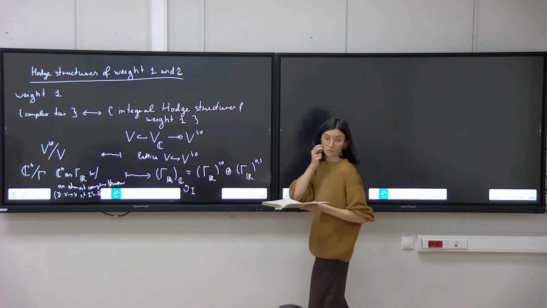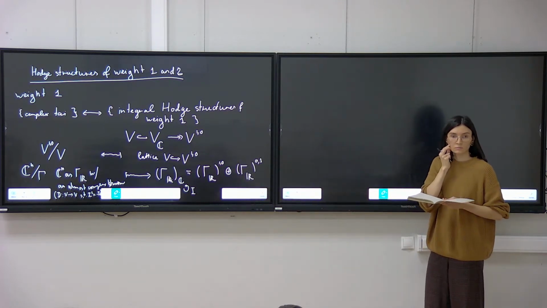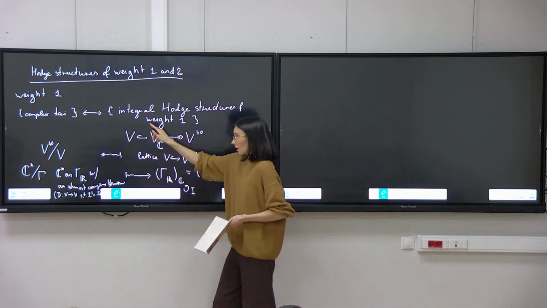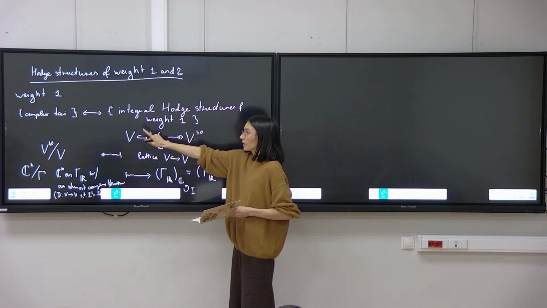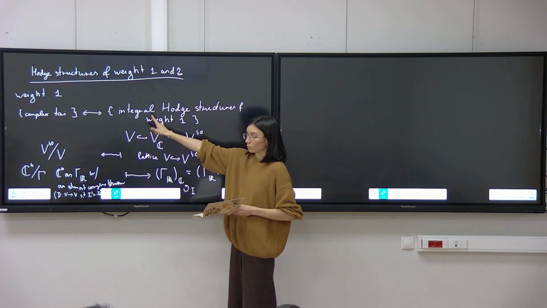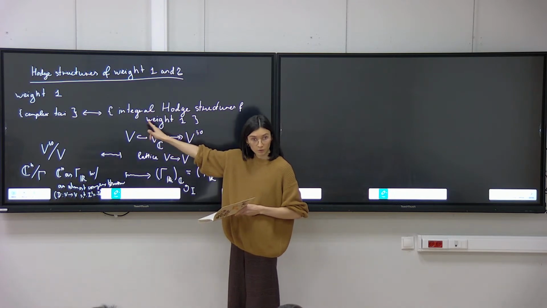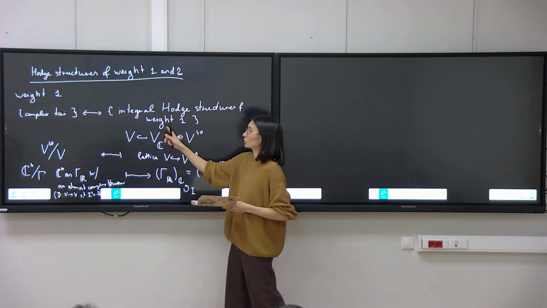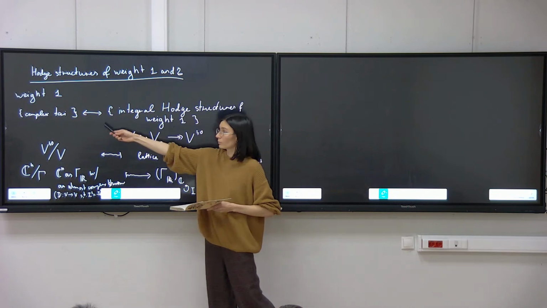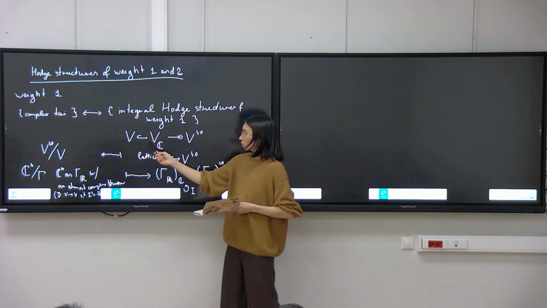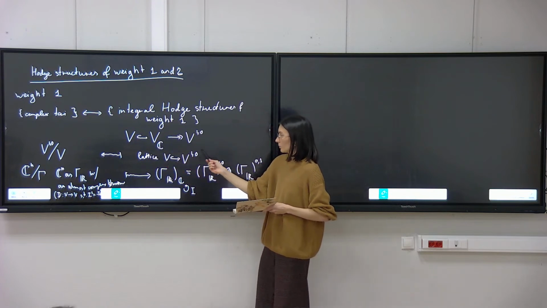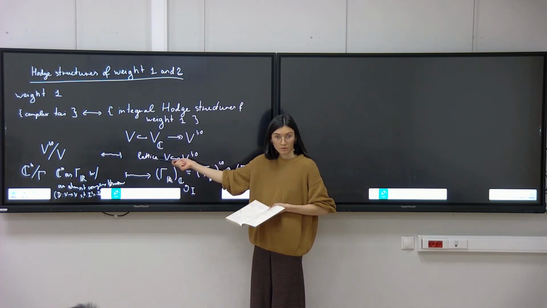I thought that when we go from left to right, we obtain algebraic. No. To obtain an algebraic abelian variety, we need to consider polarized Hodge structure. I will say this in a minute. But if we just consider integral Hodge structures of weight 1, then we obtain some complex tori, because here we can obtain any lattice.